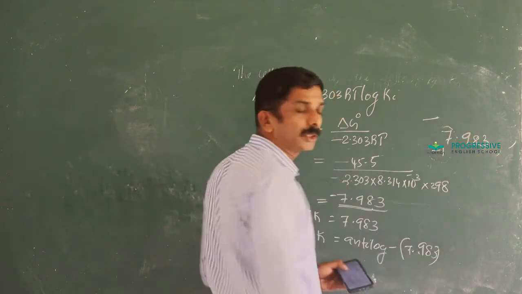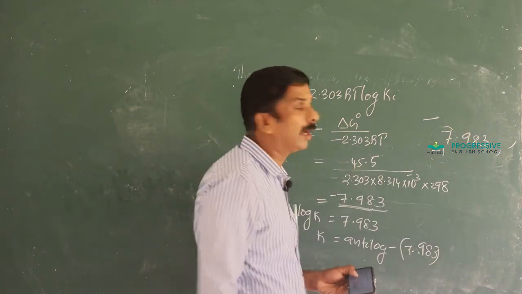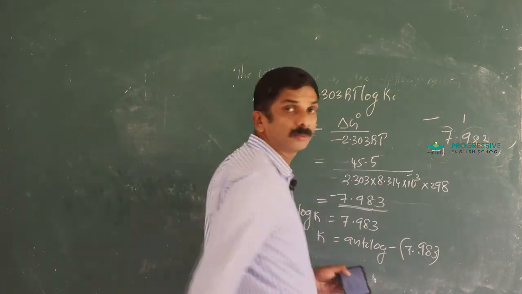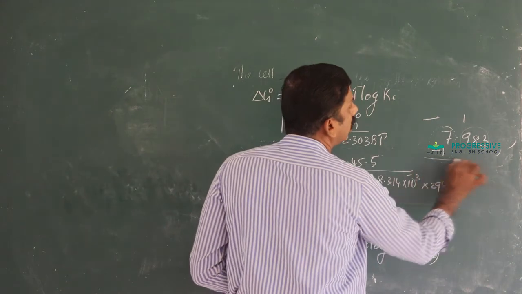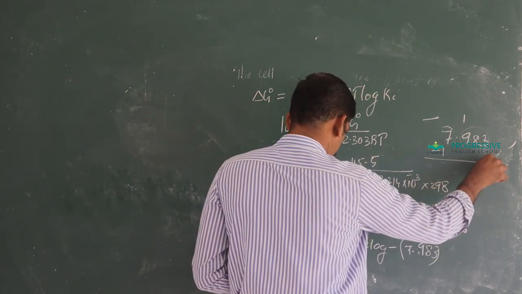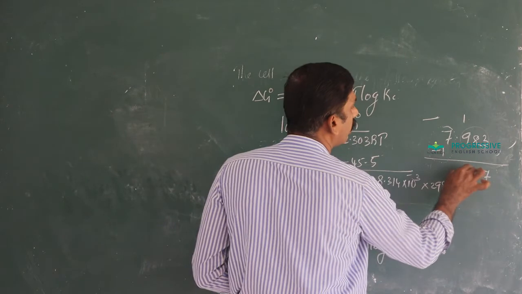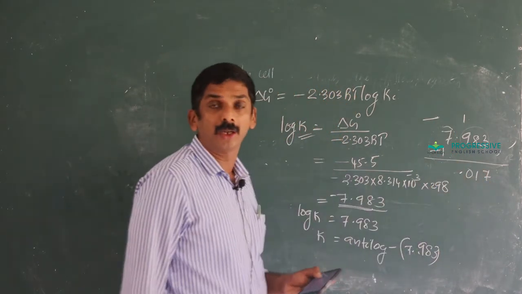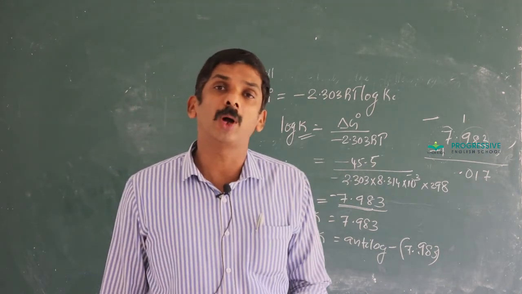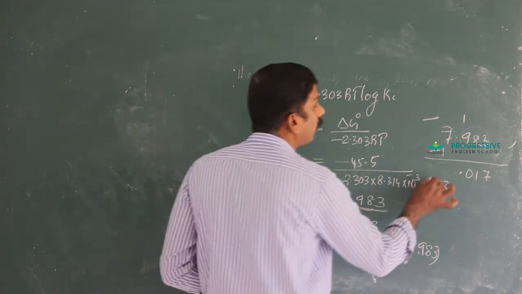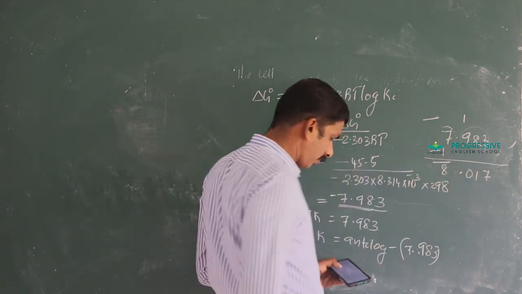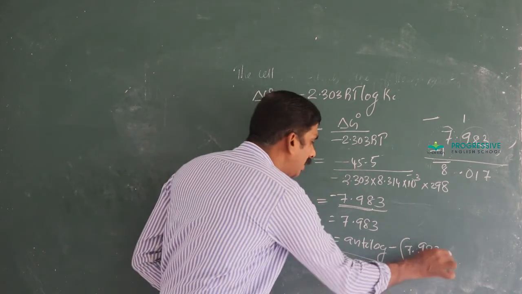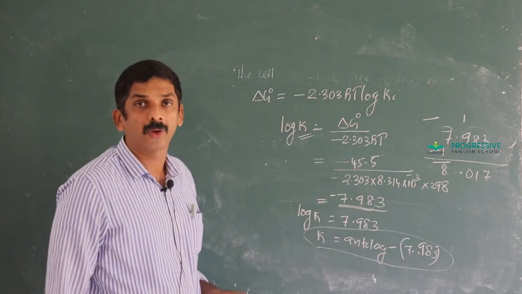This decimal part is called the mantissa: characteristic and mantissa. And you just subtract this decimal part from 1. Then it becomes 0.017. Here minus 7 as well as minus 1 is there. Minus 7 minus 1 is expressed in terms of bar 8. Bar 8.017. At least you write this expression for your examination.